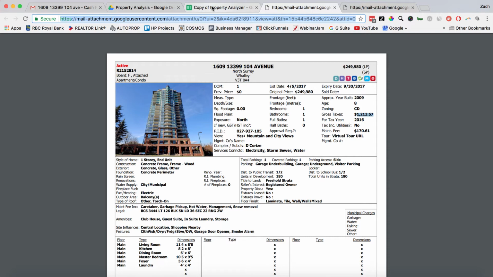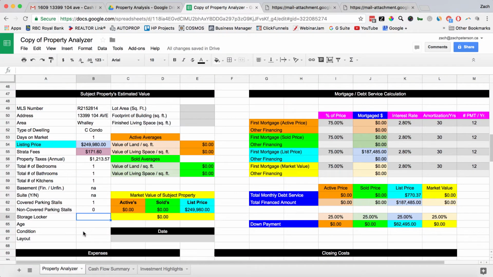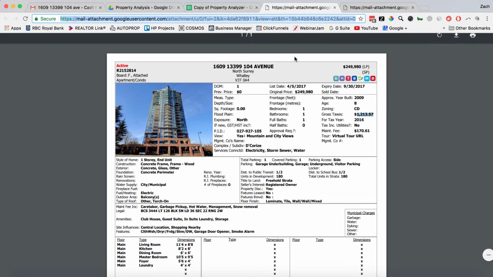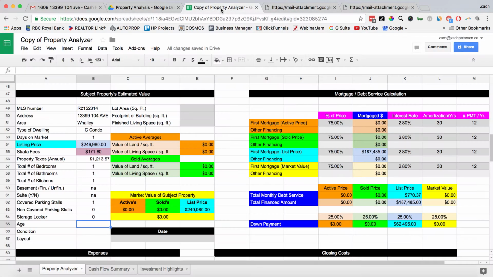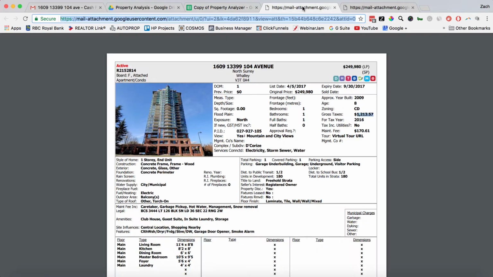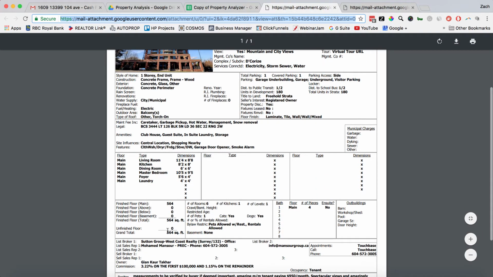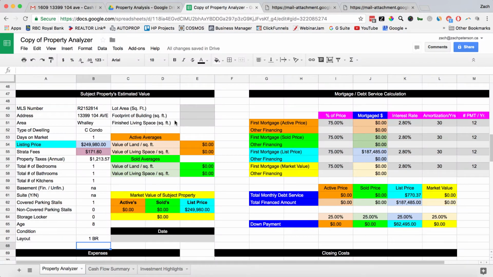This one does not have a storage locker. It's 8 years old. Not sure of the condition and the layout. It's a 1 bedroom. And the square footage is 564.